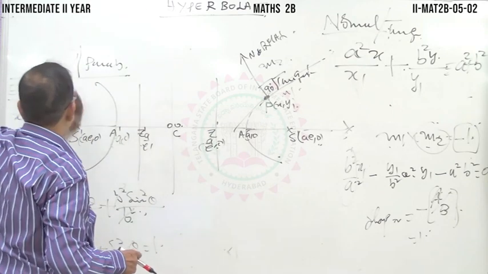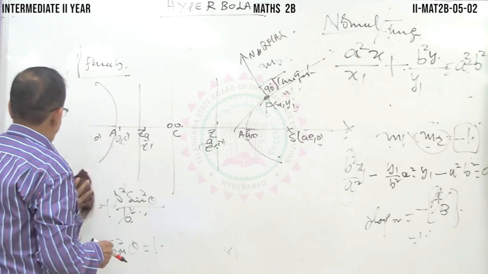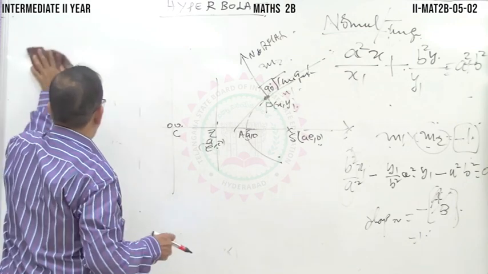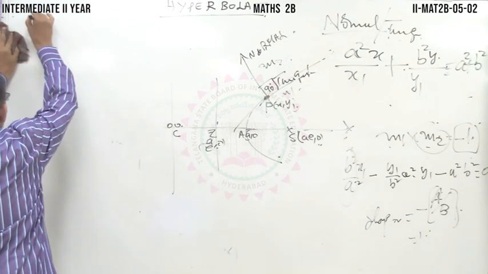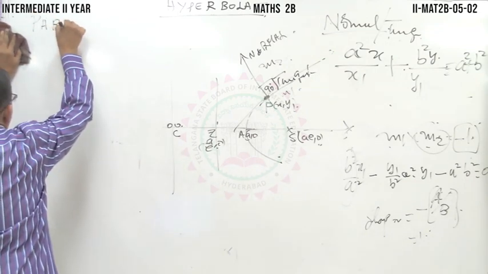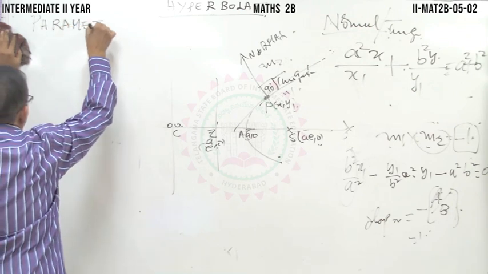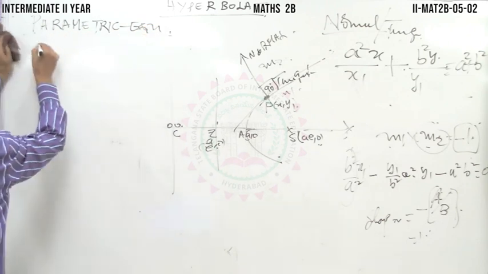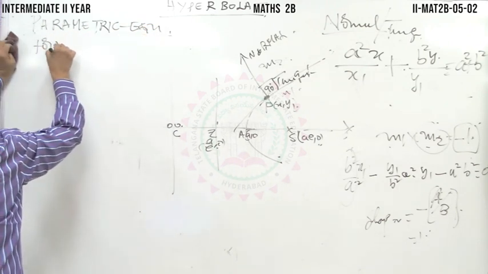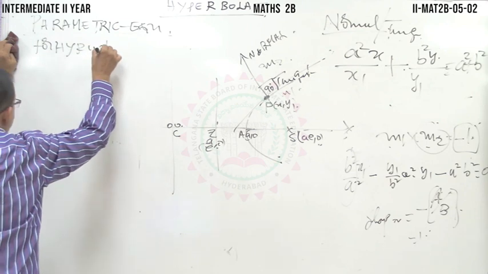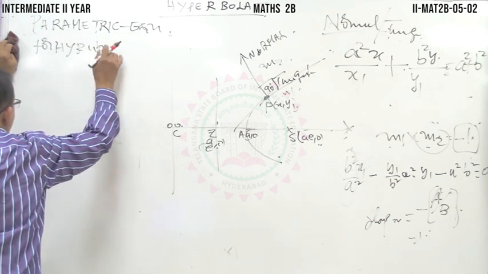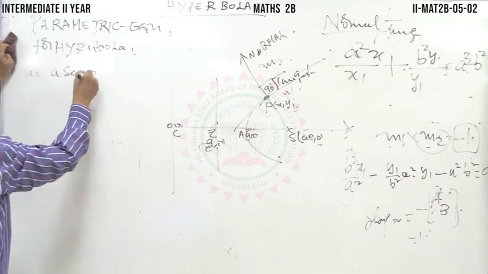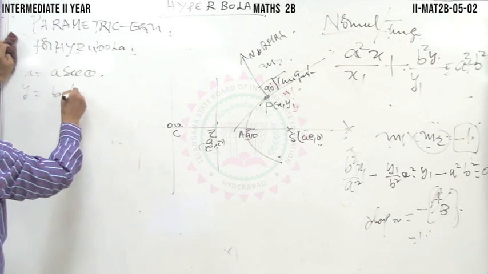Parametric equations for the hyperbola. In this, x is equal to a secant theta, y is equal to b tan theta, you can always write.